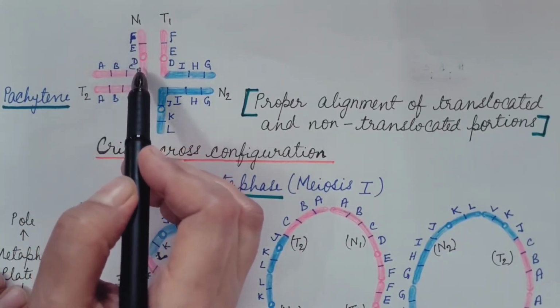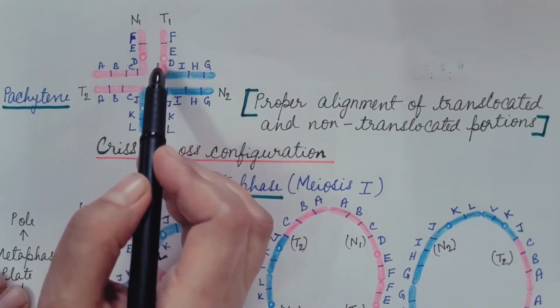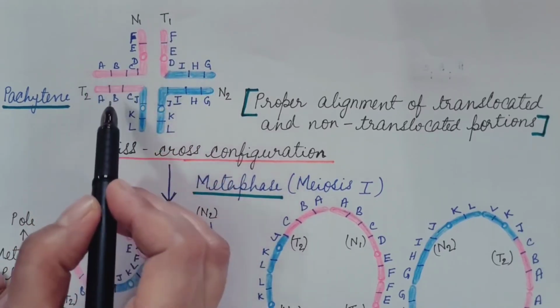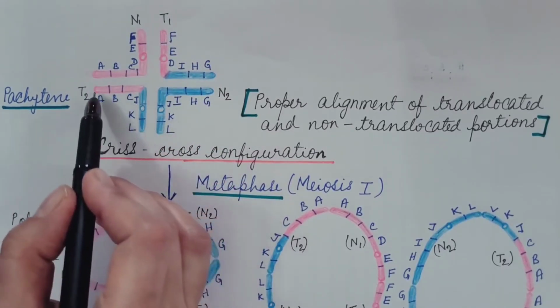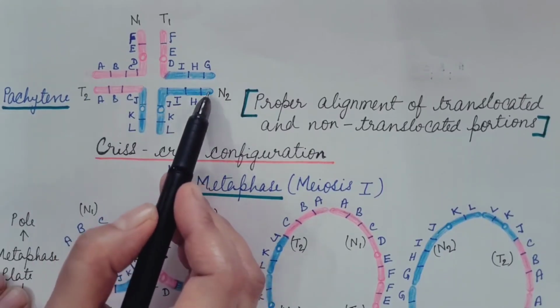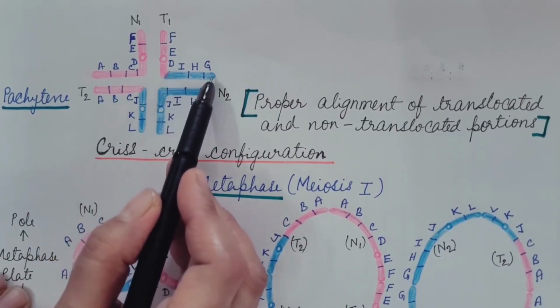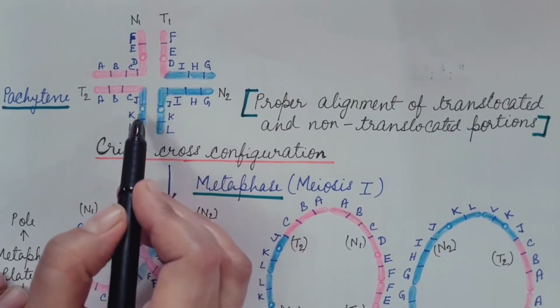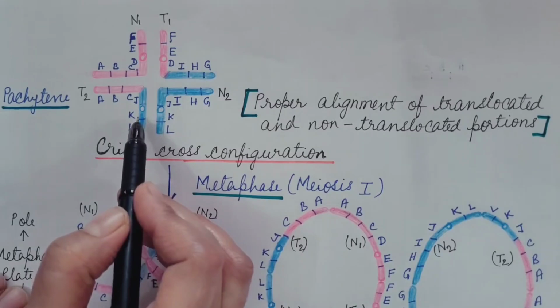A part of it pairs with translocated chromosome T1 and the other part, ABC, pairs with the other translocated chromosome T2. This is the other normal chromosome N2. Here this portion pairs with translocated chromosome T1 and this portion pairs with translocated chromosome T2.